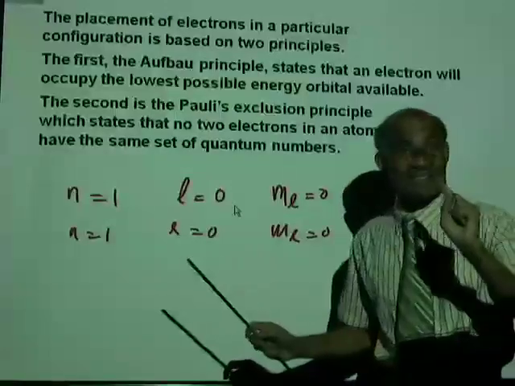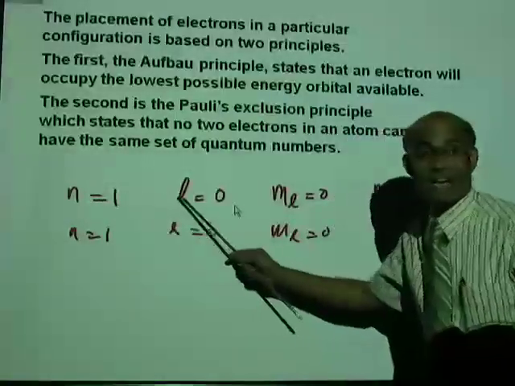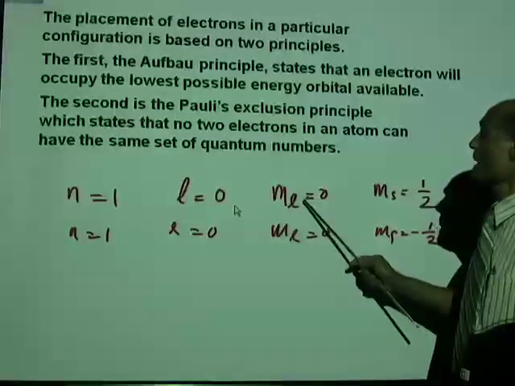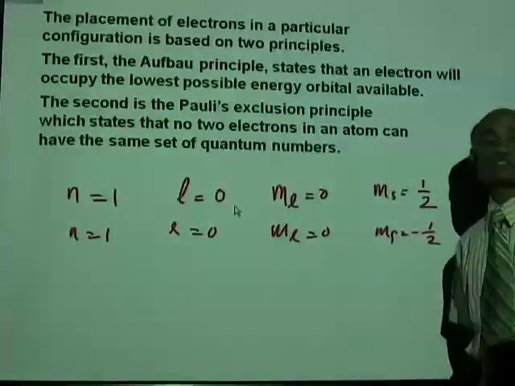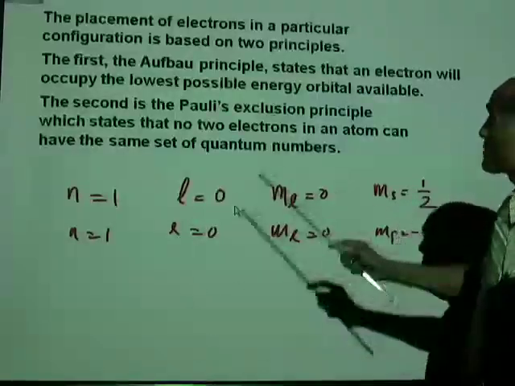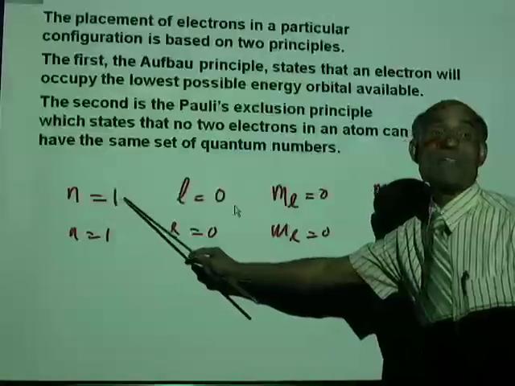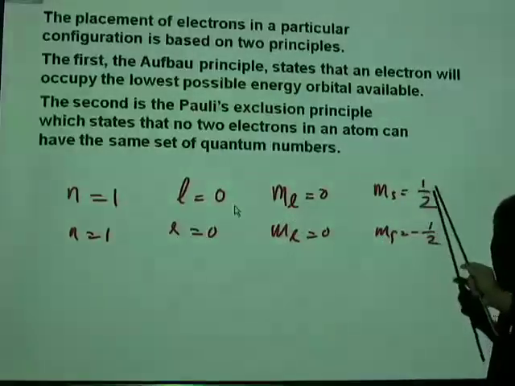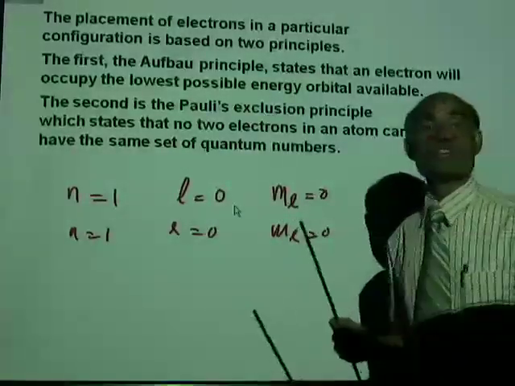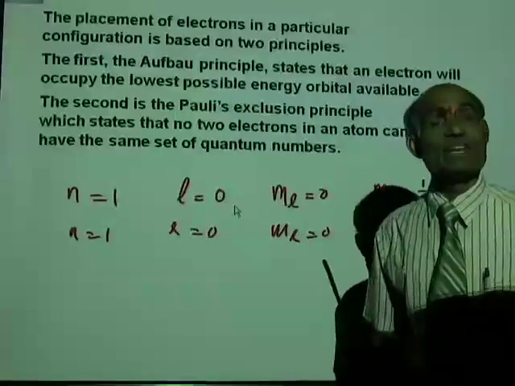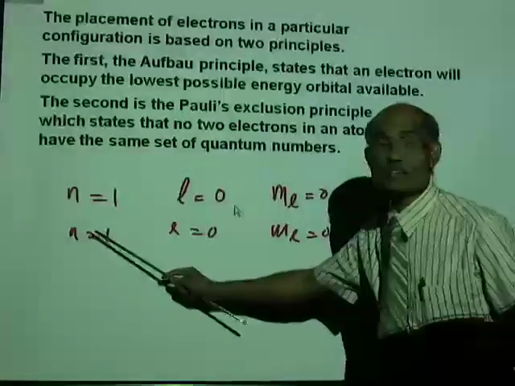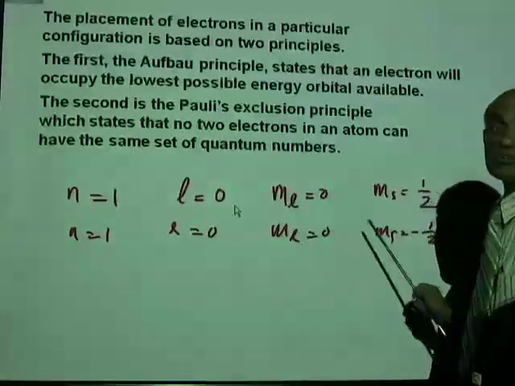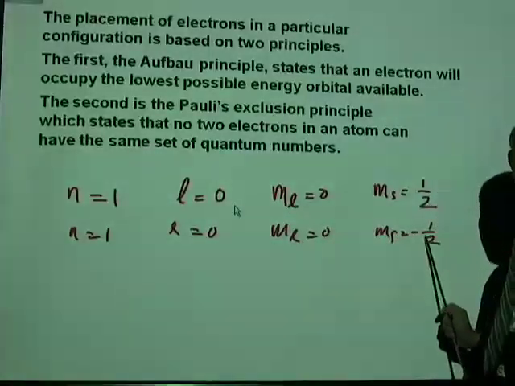And MS can have either a positive or negative value. So, in that s subshell, 1 electron can have this set of quantum numbers: n equal to 1, L equal to 0, ML equal to 0, and MS equal to 1/2. Now, Pauli's exclusion principle says no other electron in the atom can have all these values the same. That means if there is a second electron in that shell, then its quantum numbers will be n equal to 1, L equal to 0, ML equal to 0, MS equal to negative 1/2.